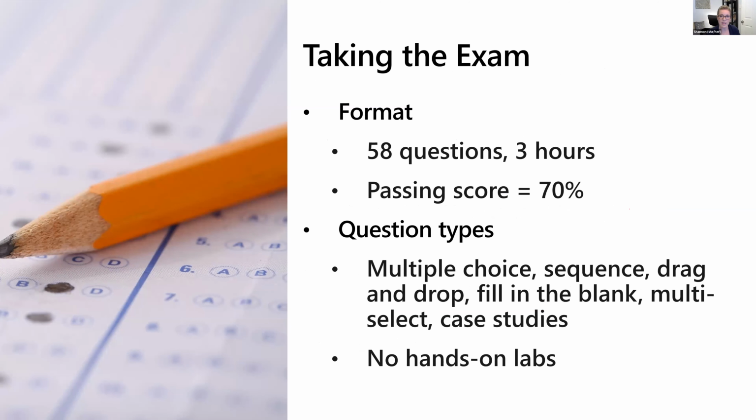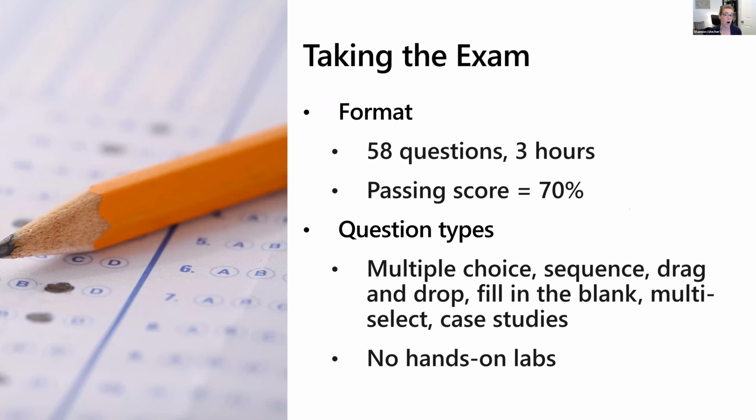But the one other thing I wanted to mention here is just, what is this exam? So we've talked about what it covers. We've talked about why you want it and what exam you should take, but what is this thing? So the exam is 58 questions. You have 3 hours to do it. There are 2 different ways that you can take the exam.